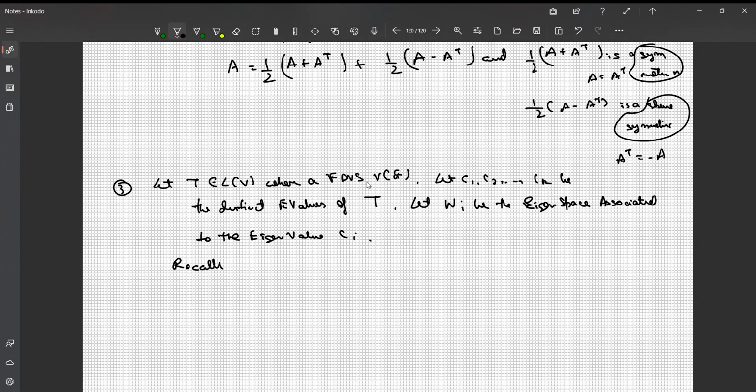Then we recall, we can relate this to number 1 itself. Recall, if T is diagonalizable, what happens?